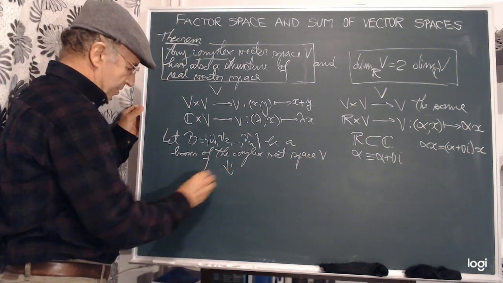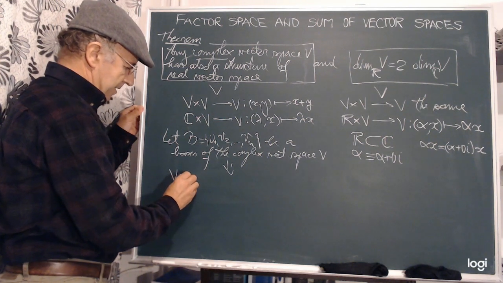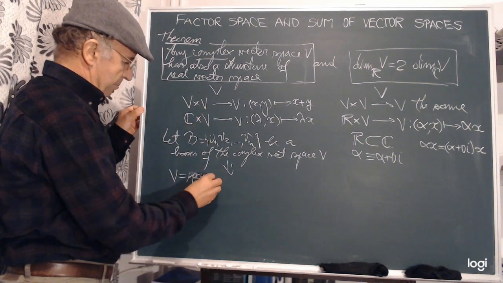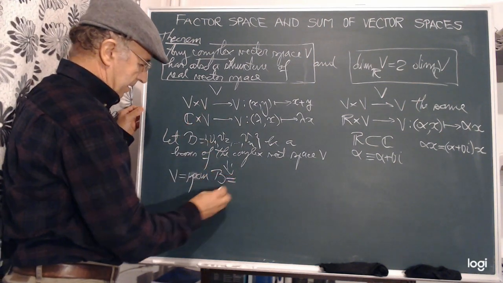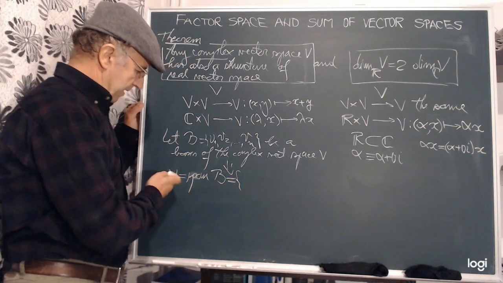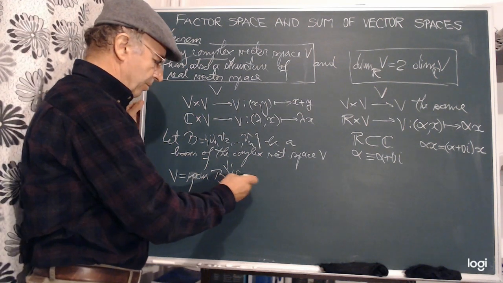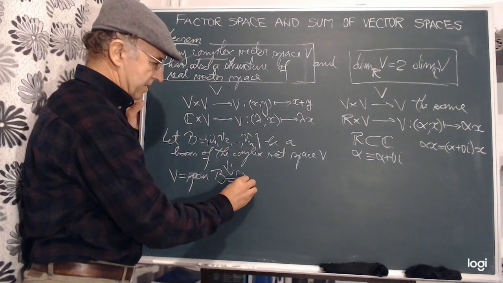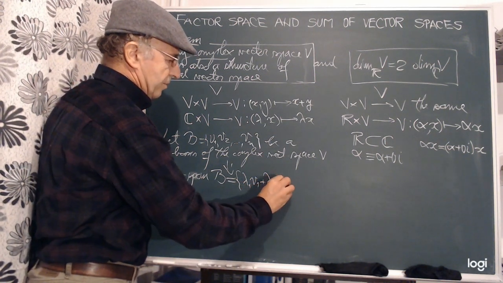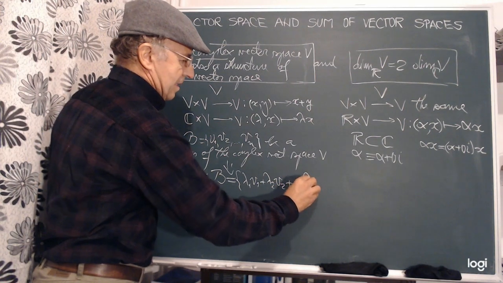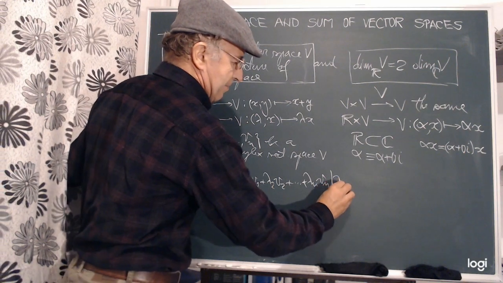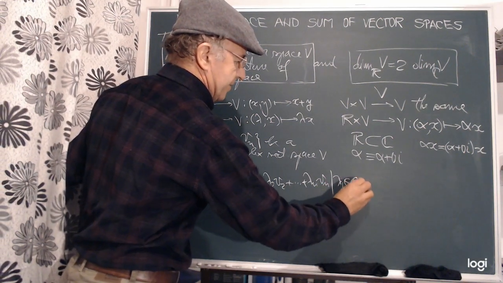Particularly from this, we get that V is the span of B. That is, V is the set formed by all the linear combinations lambda 1 V1 plus lambda 2 V2 plus so on plus lambda n Vn, where the coefficients lambda k are complex numbers.